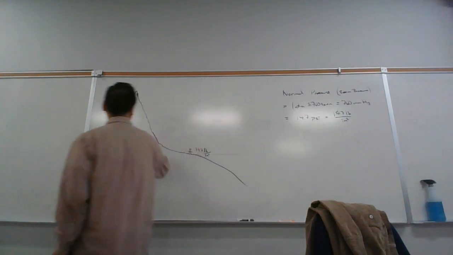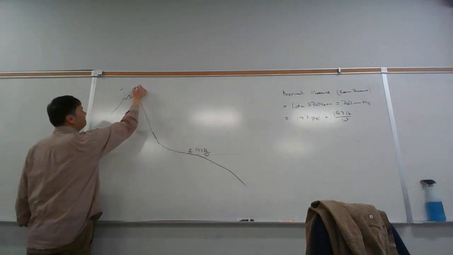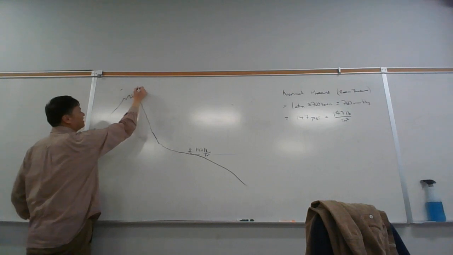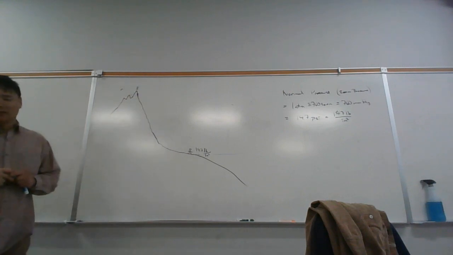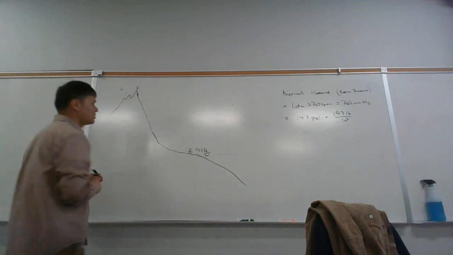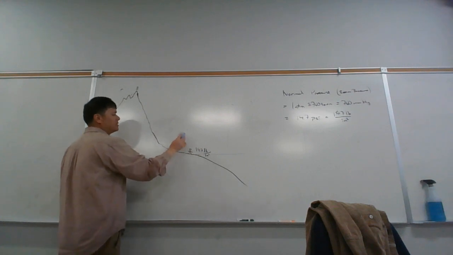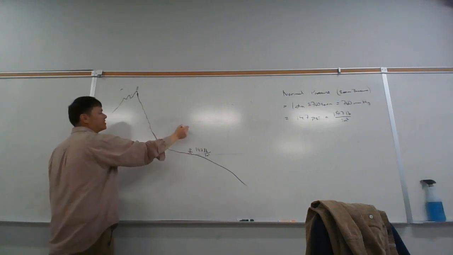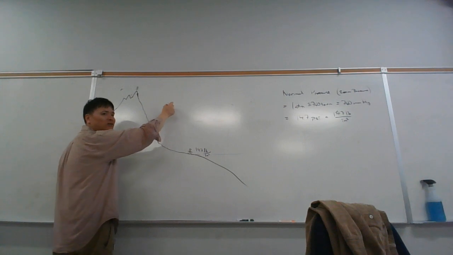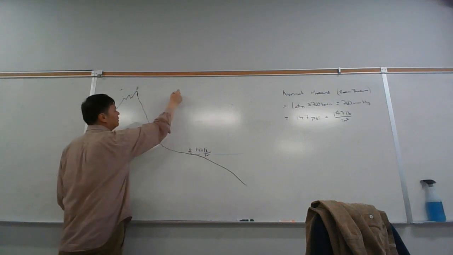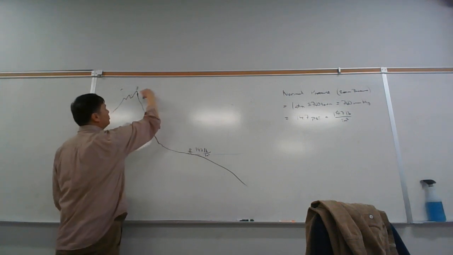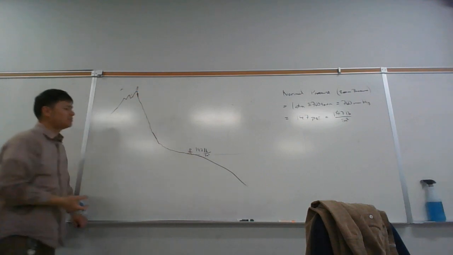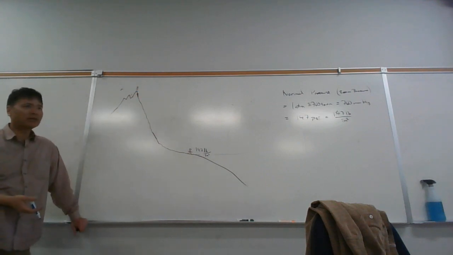If you're standing at the top of Mount Whitney, are you going to have as much air blanketing you? No. So if you're up here, the blanket of air is going to be much thinner. Because actually, does the blanket of air stay the same density? No. Air gets thinner and thinner. Have you noticed that? As you go higher and higher in elevation. At the top of Mount Whitney, you're going to have a lot less than 14.7 pounds of air blanketing you.